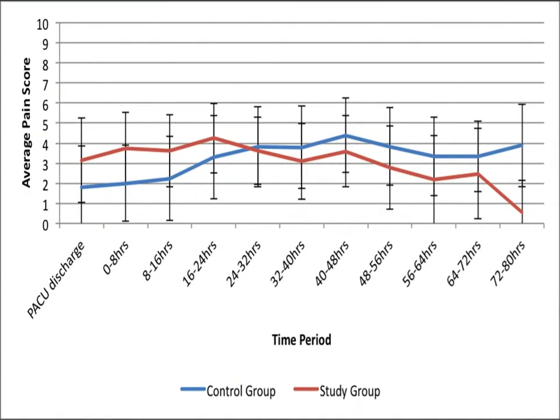In the first 24 hours, the study group, which is red in color, had more pain intensity than the control group with the continuous femoral catheter. However, what is astonishing is that after the first 24 hours up to 72 hours, we have extended analgesia from the single injection of the IPACK block combined with the single injection, short-acting femoral nerve block.